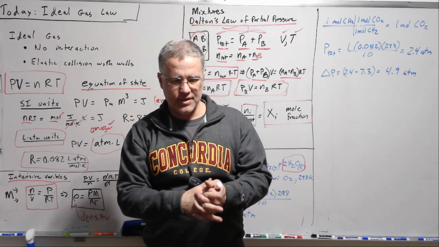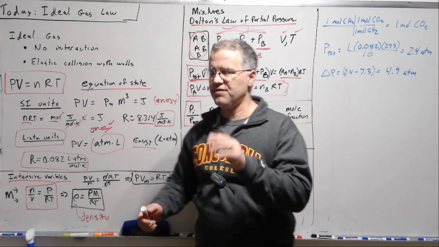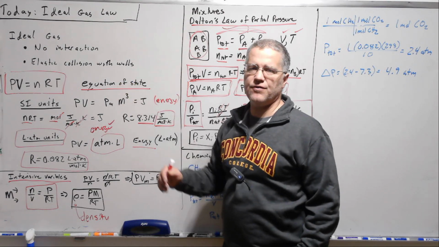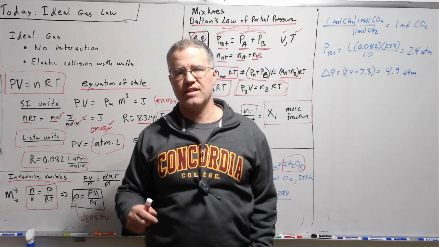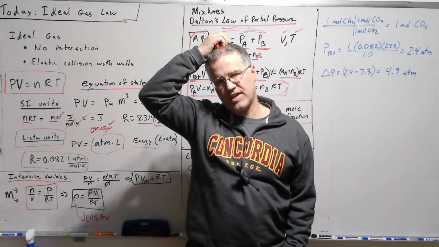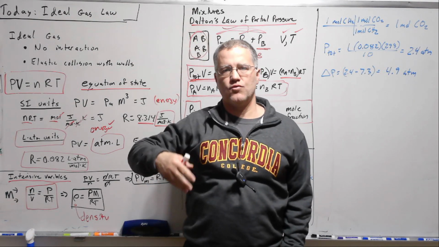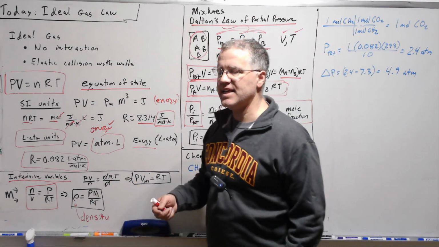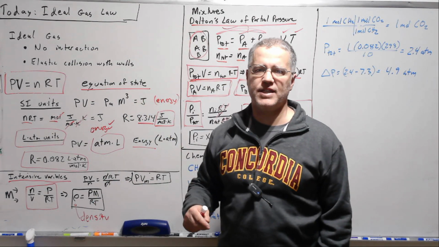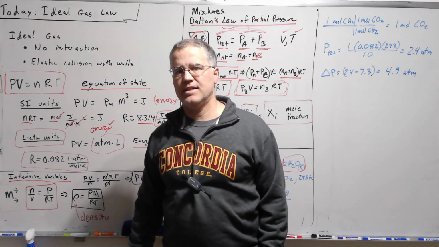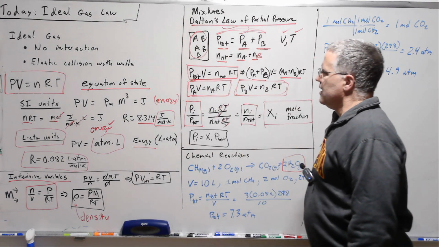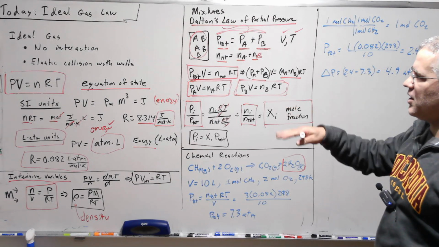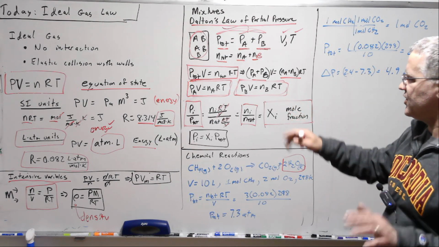And what you'll find, a good thing to do is run this equation for 1 mole of gas at room temperature and room pressure, and you'll see that it takes up about 24 liters or so. And so 1 mole of gas will take up about, let's just call it 20 liters.